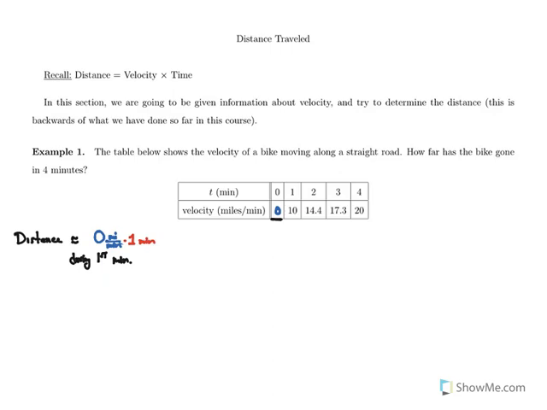Let me erase that. This may not be very interesting, but this just means we've gone 0 miles in that first minute.